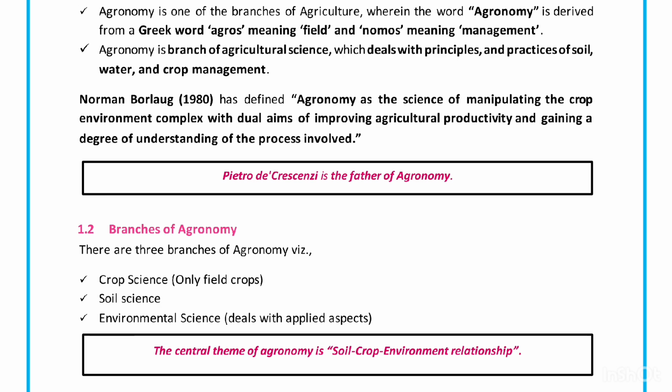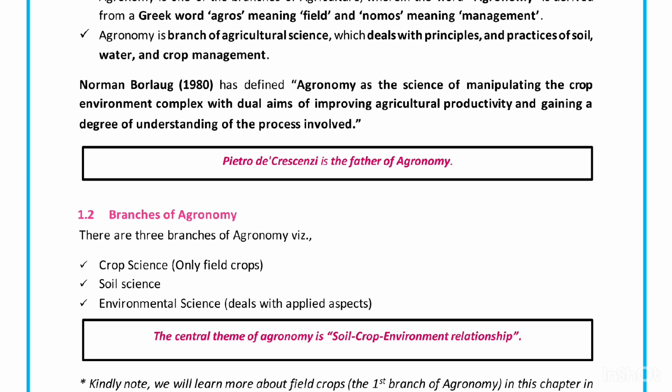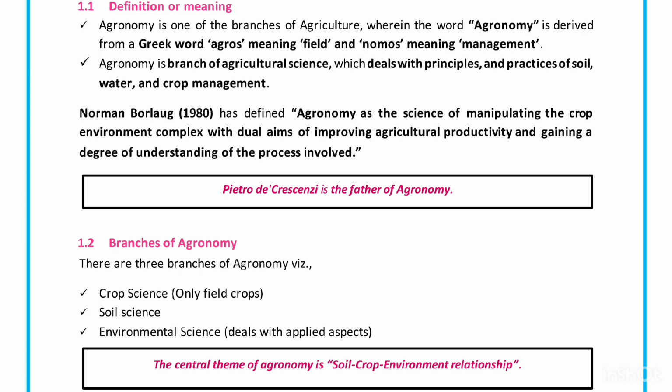So what does that mean? In agronomy, we learn that it is a branch of agricultural science which deals with field crops and their management. Now, for producing these field crops, there are some principles and practices to be learned. All these principles and practices are learned under this branch of agriculture.